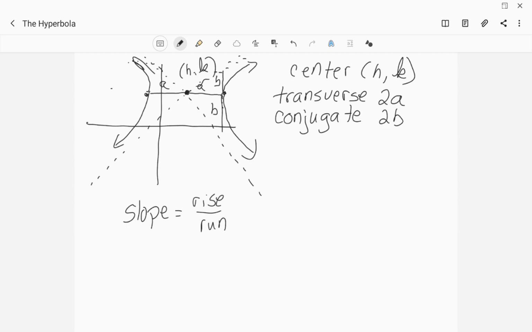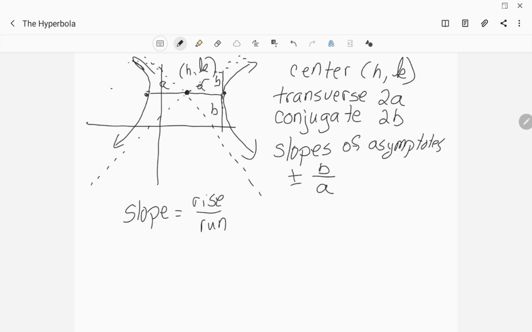Well, when the hyperbola is going in this direction, the thing that is going up is the B. The thing that is going across or running across is your A. So the slopes of the asymptotes is plus or minus, because one is going up, one is going down, and in this case, again, rise, what's going up is the B, what's going across is the A.